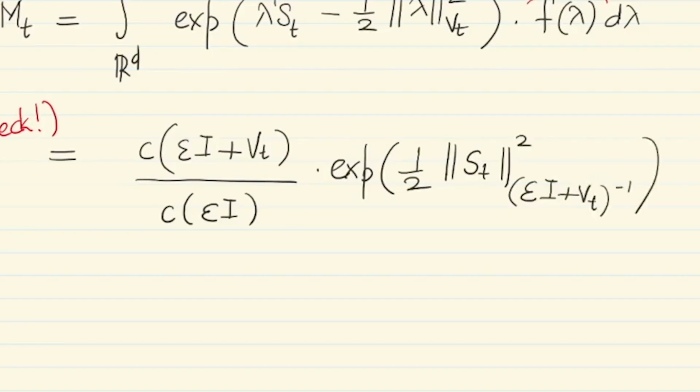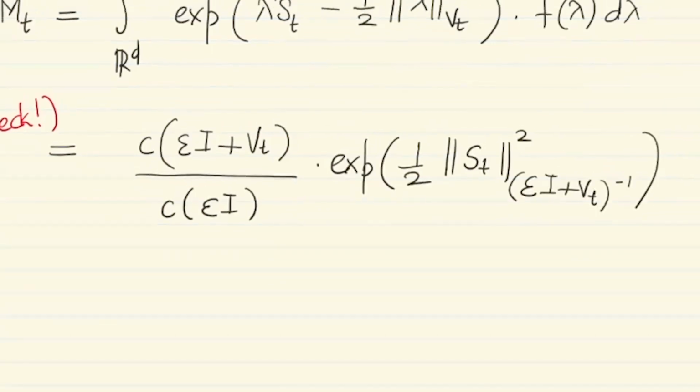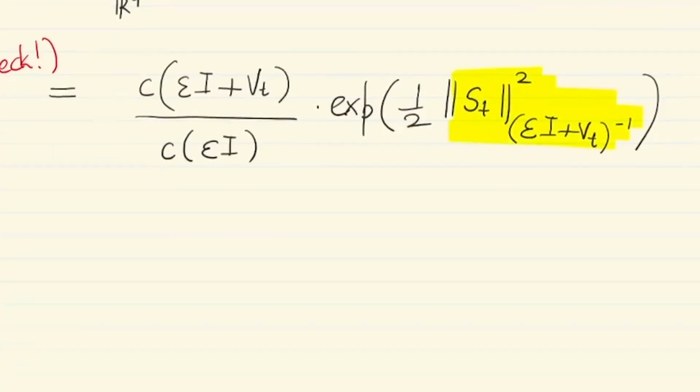So this exactly turns out to be an explicit function of what we actually wanted to control in the first place, which is this S_t weighted by the norm V_t inverse, with some extra term in the front.